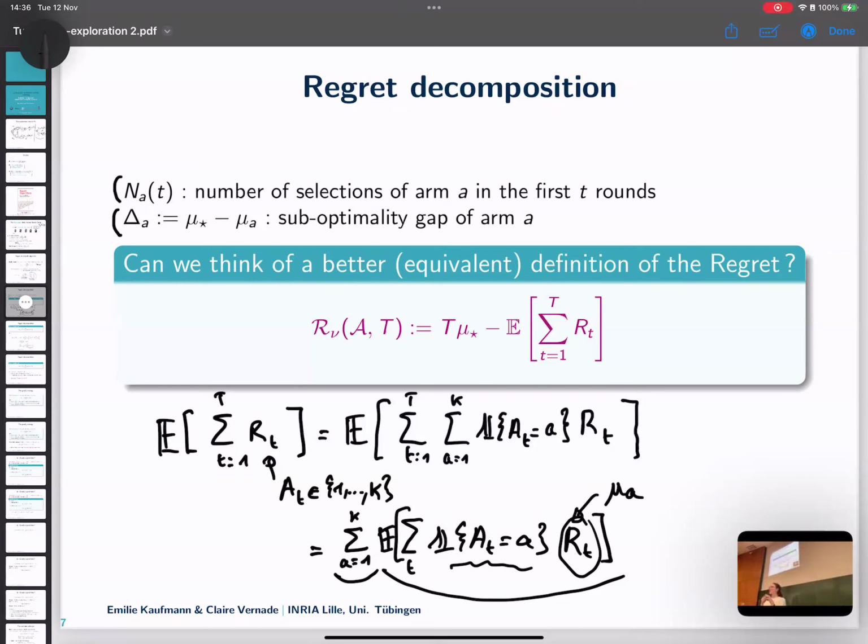We can essentially pull the expectation inside if we carefully do it. We can always take the conditional expectation and then take the expectation again.